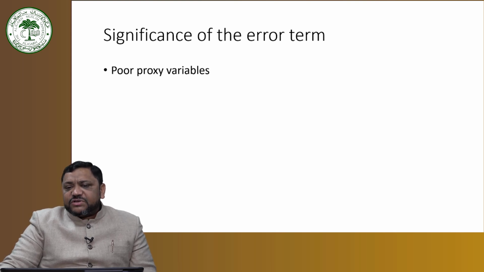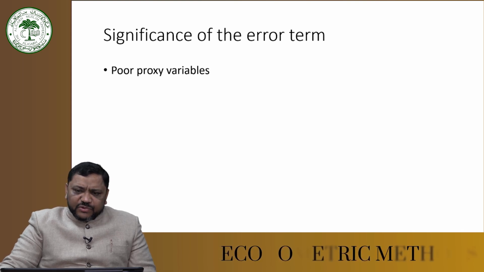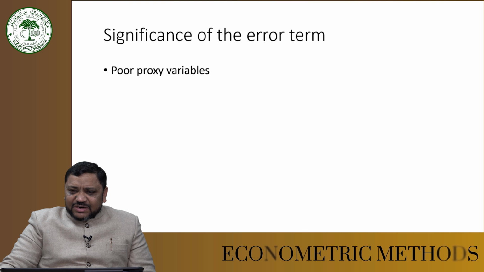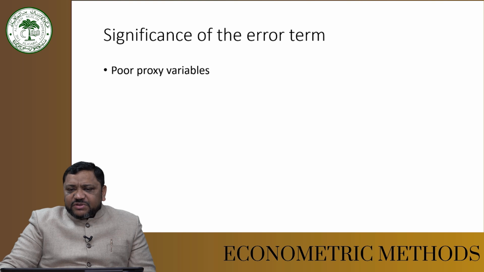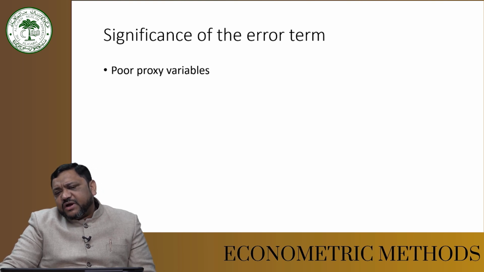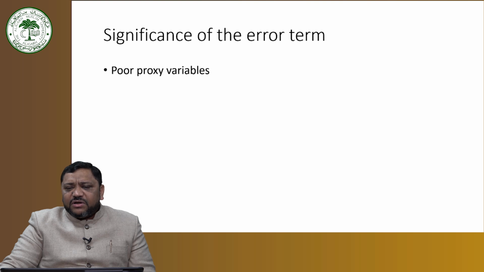Take the example of Milton Friedman's renowned theory of consumption function, the permanent consumption theory, where he links permanent consumption to permanent income. But in practice, since direct observation of these variables is not feasible, proxy variables are used: for permanent consumption, we take current consumption as a proxy, and for permanent income, we take current income.